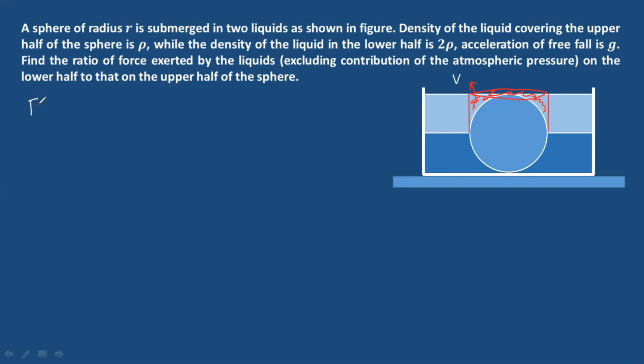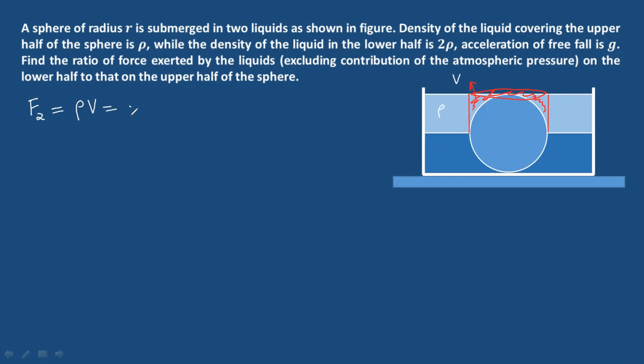So F2, I'm calculating F2 first. So F2 would be the weight of this particular liquid. So let's call that rho times V. All right. So rho into V. Rho is the density of this particular liquid. This is the density of this liquid, right?